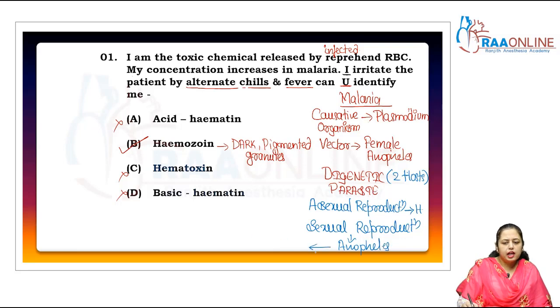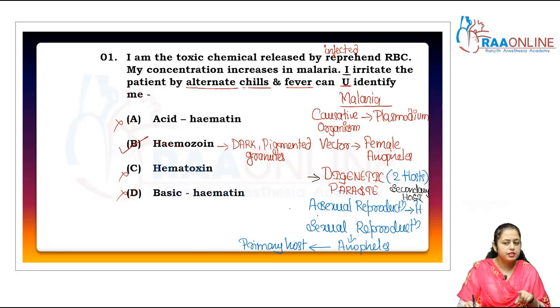So we can say the Anopheles is the primary host, and the human is the secondary host, right? Clear? So, digenetic parasite: sexual reproduction occurs in the female Anopheles, asexual reproduction occurs in the humans, right?